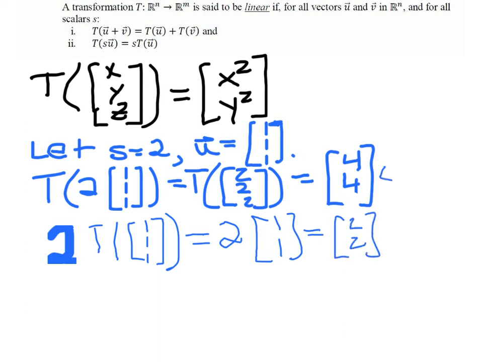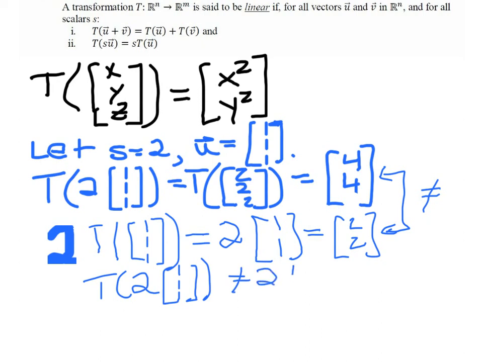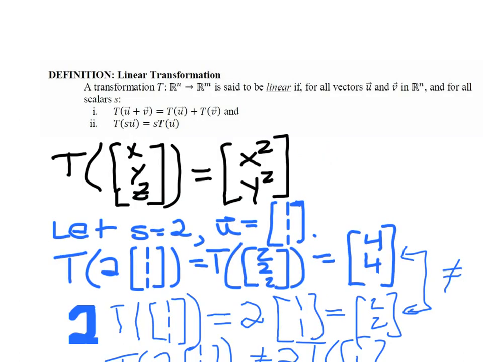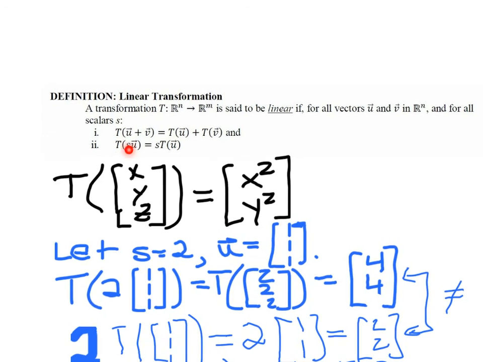Since these vectors do not match, T of 2 times the vector 1, 1, 1 is not equal to 2 times T of 1, 1, 1. So I've given a specific case where the second condition fails, and that's sufficient to prove that this is not a linear transformation.